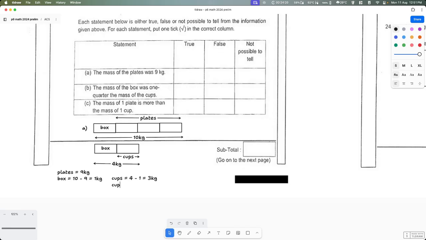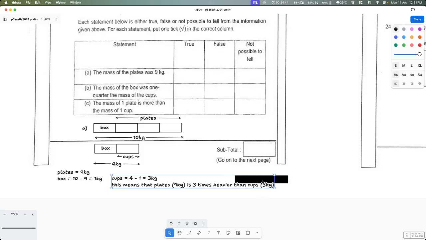This means that plates is 3 times heavier than cups. Plates are 9 kg and cups are 3 kg, which is correct.